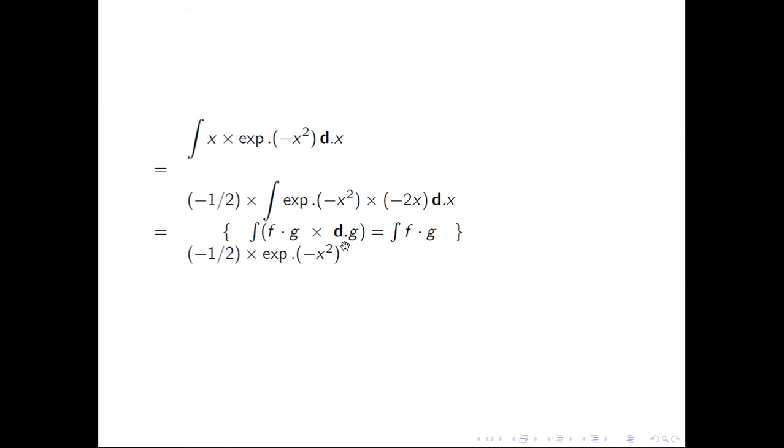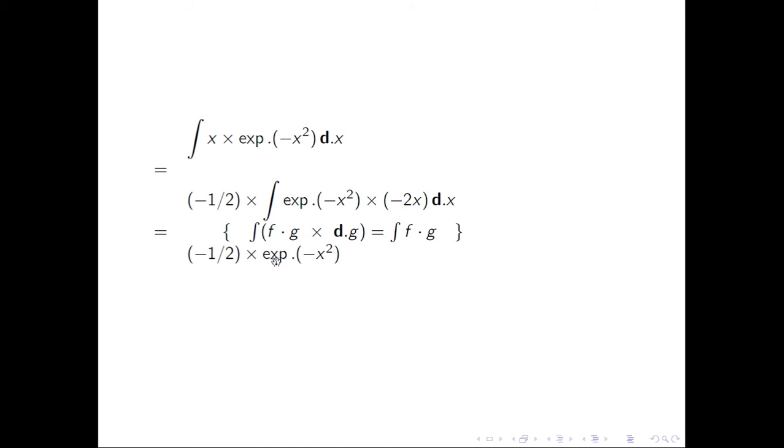What our rule tells us is this is the same as integrating f after applying g. G is just negative x squared. And the integral of f, the exponential function, is just the exponential function again.